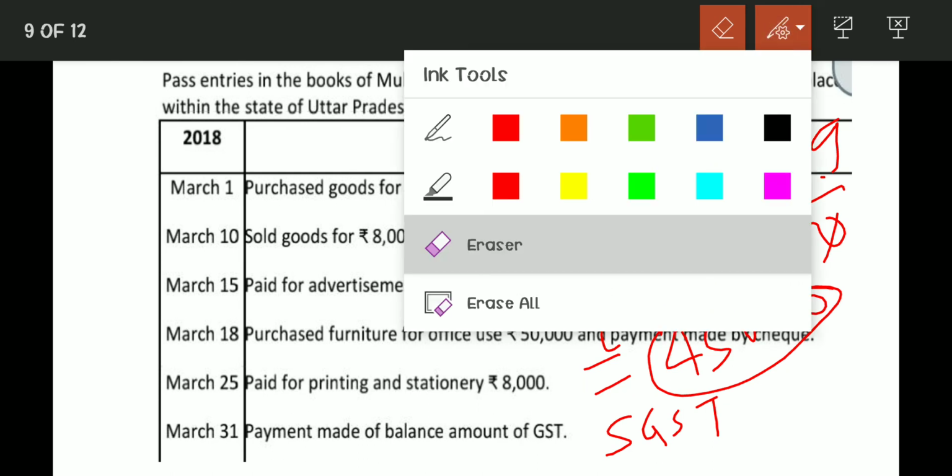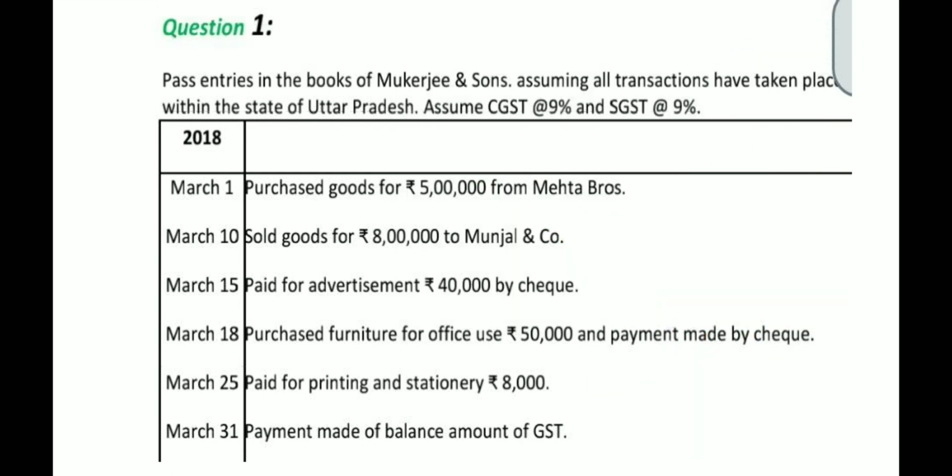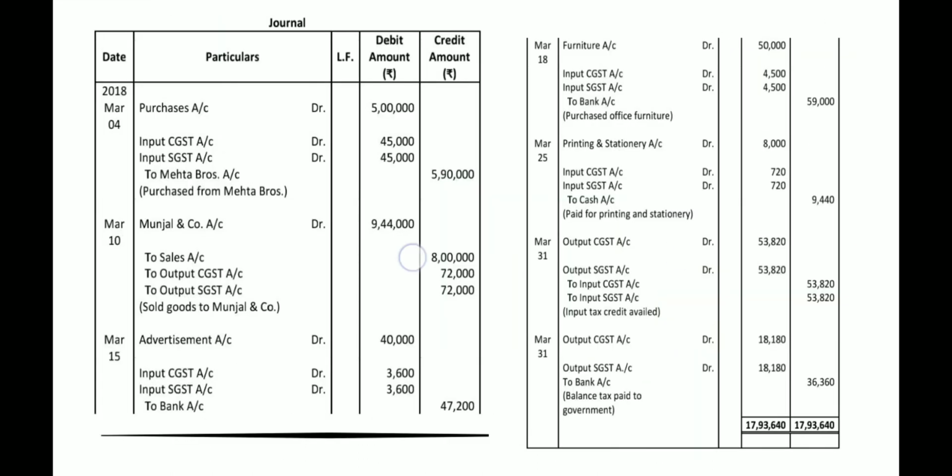So what will be the journal entry? Here is the journal entry. Purchase account debit, because you have purchased the goods, input CGST 45,000, input SGST 45,000, and to Mehta Brothers, because you purchased on credit, that is 5,90,000.